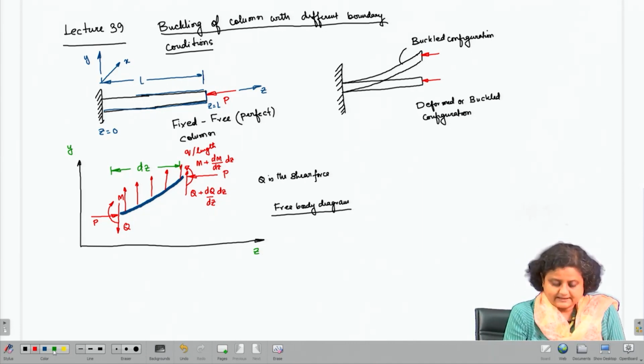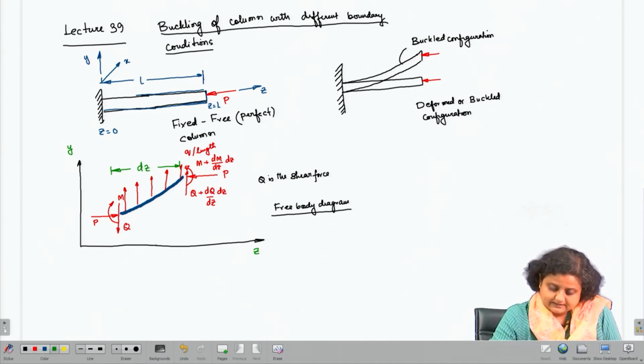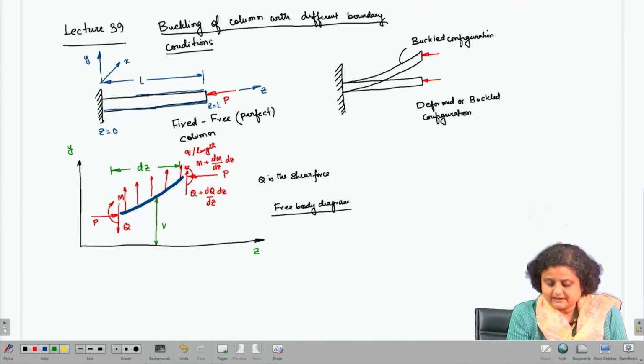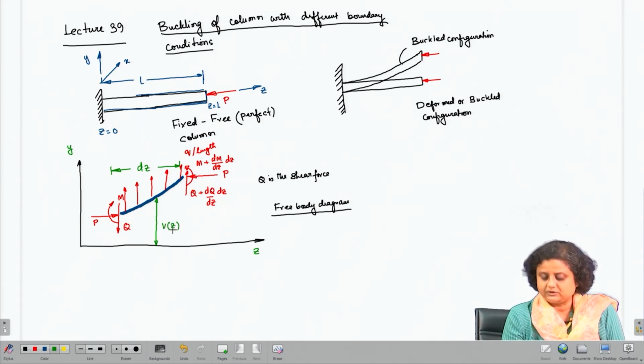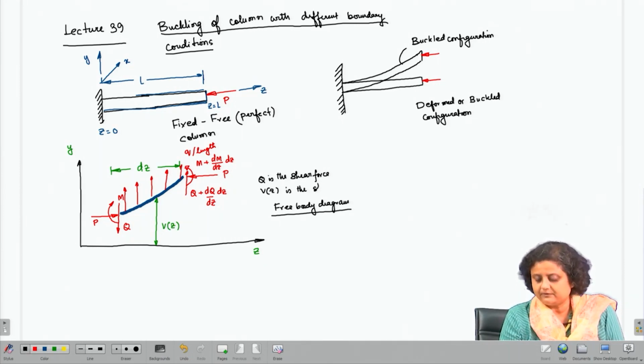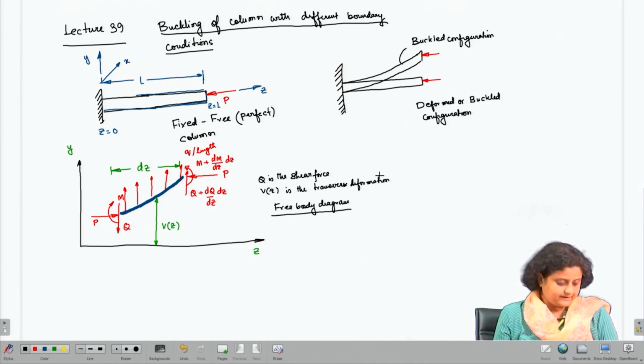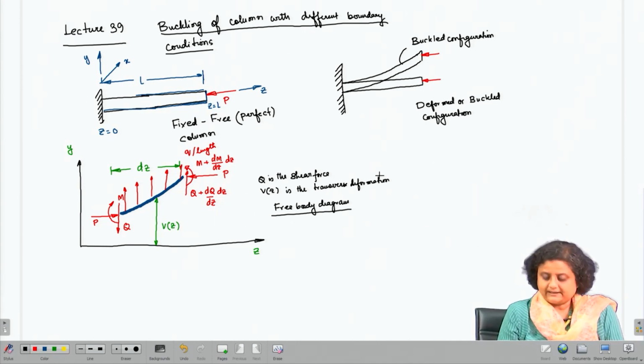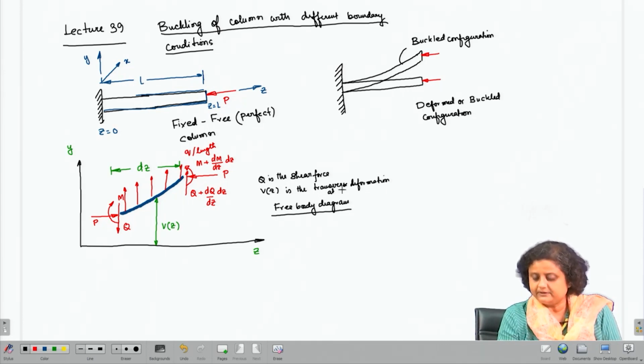Now, let us say that at any point, Vz is the transverse deformation, as in the case of previous lectures. So Vz is the transverse deformation at any arbitrary point z.